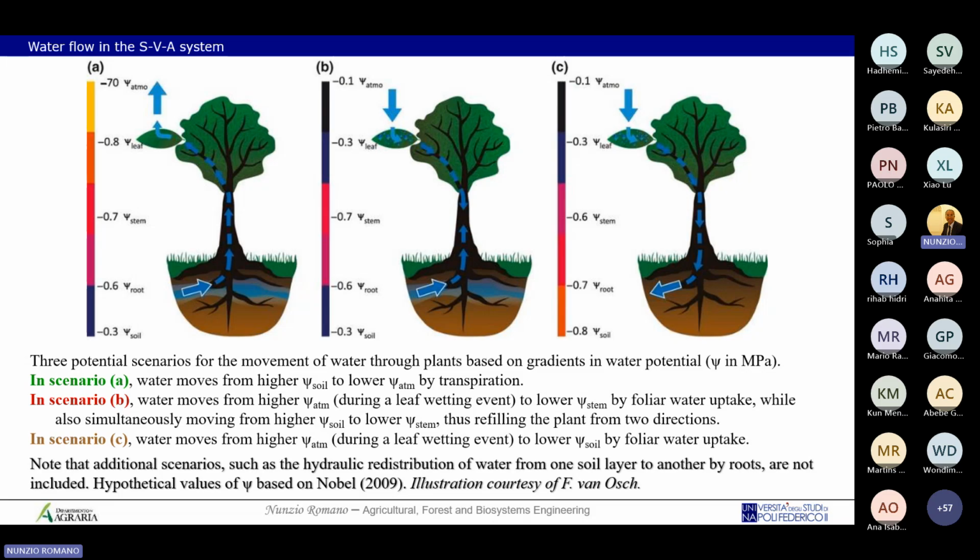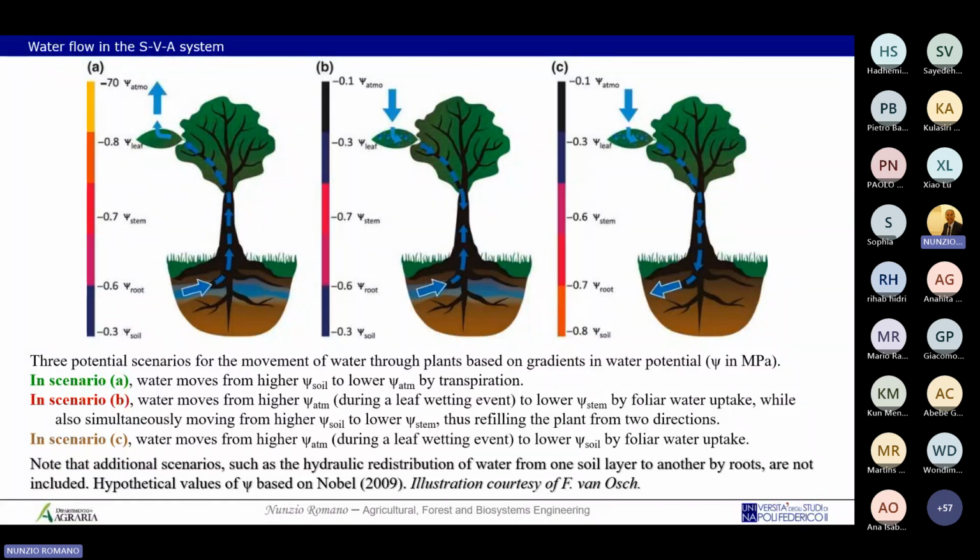But there could also be a scenario B, in the center of this picture, where the air humidity makes water enter the leaves and move in the canopy of the trees. But water can still move from the soil to the trunk.